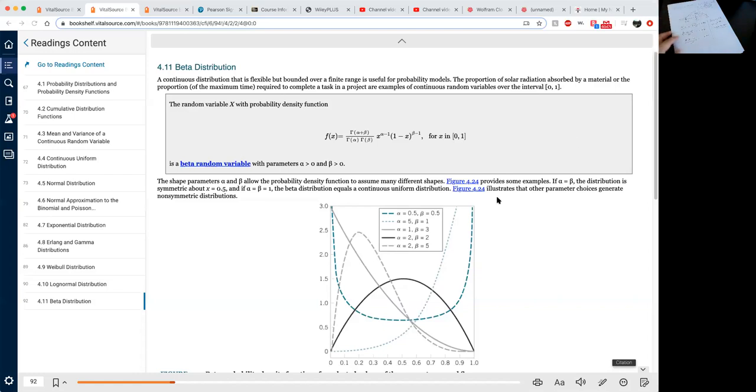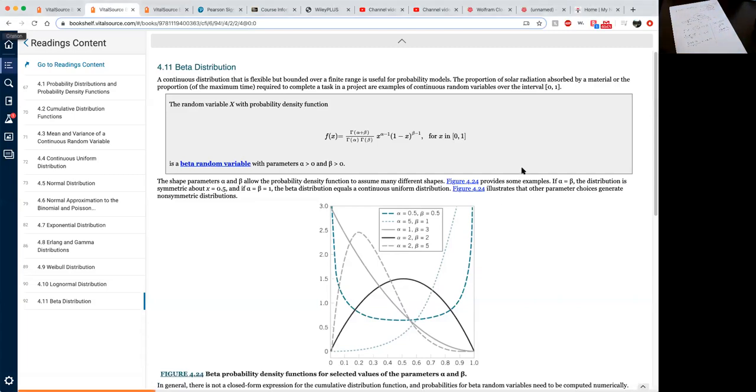Okay, the next section is 4.11, the beta distribution. Let me cover this one briefly. As you can see, the PDF is quite complicated, so when you find a probability, I don't think you can do it by hand.